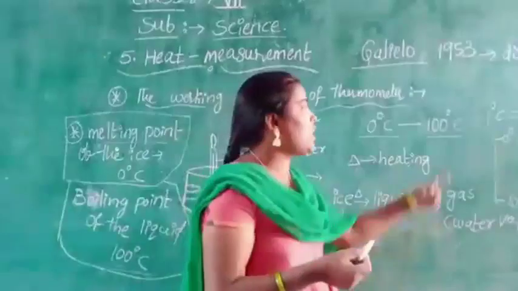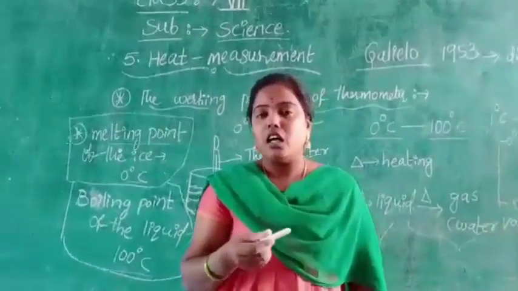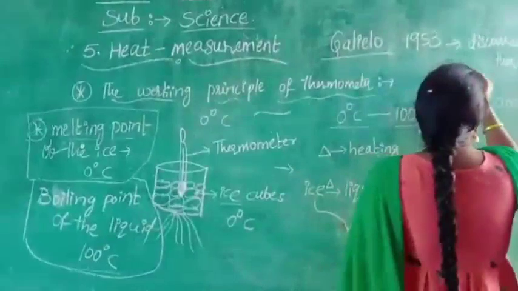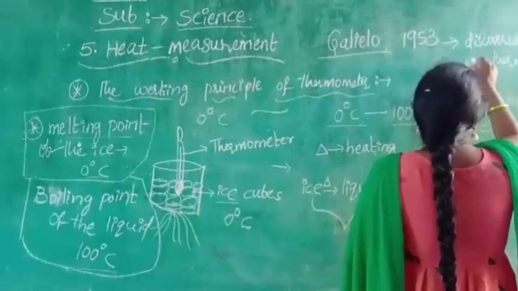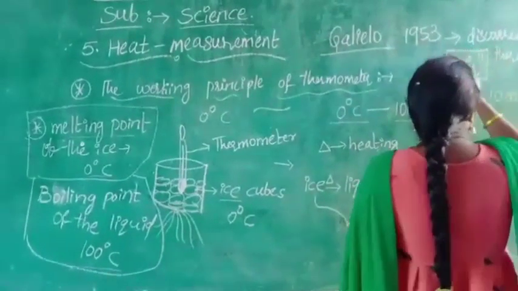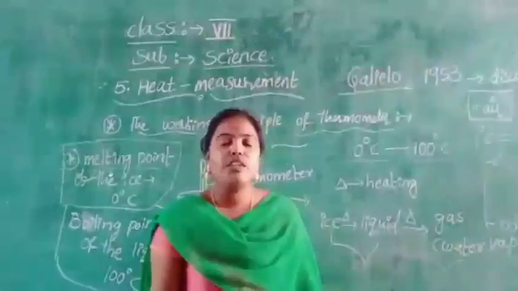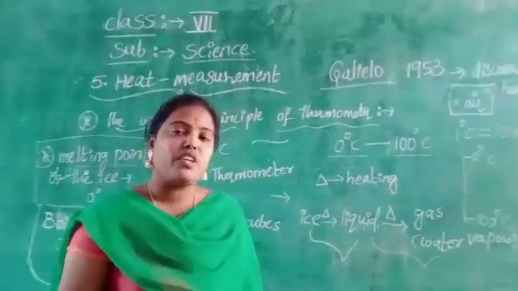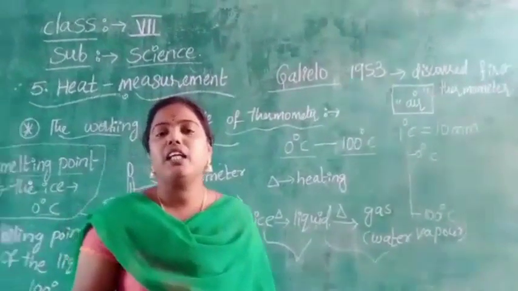Then how was this thermometer working? Galileo took air instead of mercury. First he took air, very important. Galileo discovered the first thermometer, and in the first thermometer he took air.